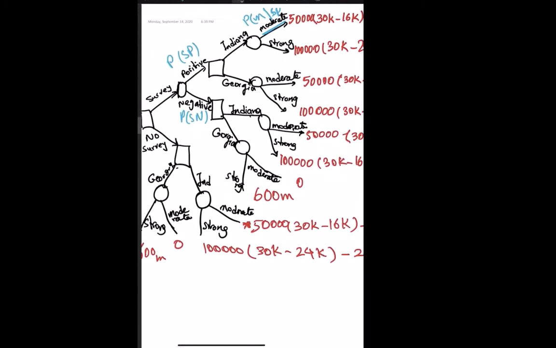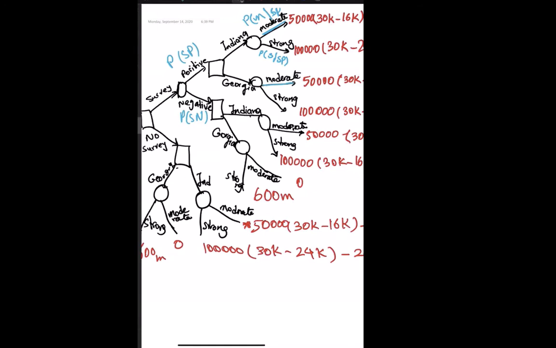How about this one at the bottom? It's the same: probability of sales strong, given survey positive.